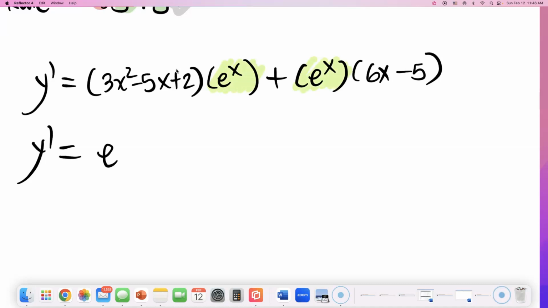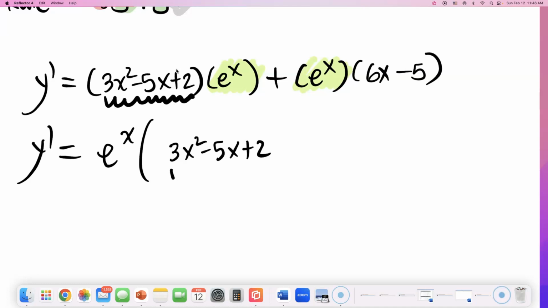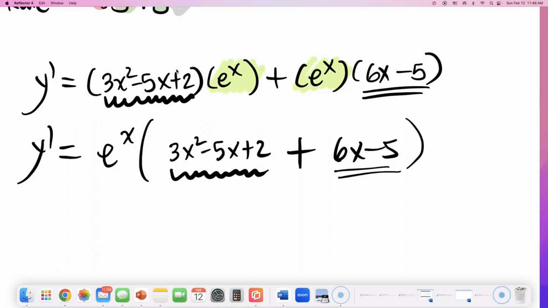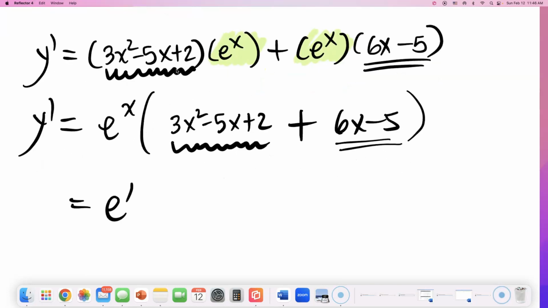So I'll write down e to the x in the front, and what's left inside? 3x squared minus 5x plus 2. That's what I wrote down just now. Plus what? 6x minus 5. Now we get to simplify some like terms inside, right? I have this 3x squared.